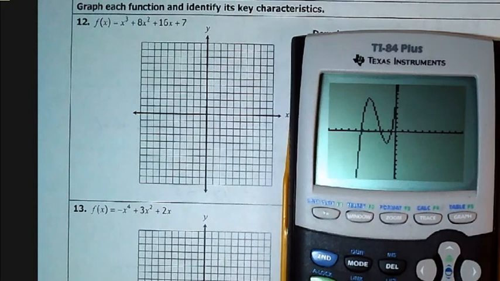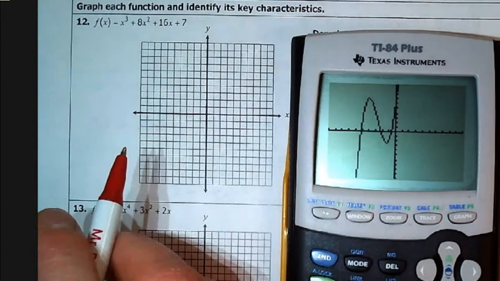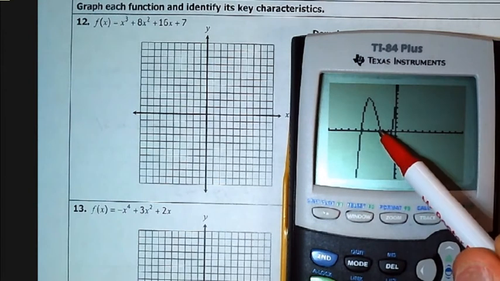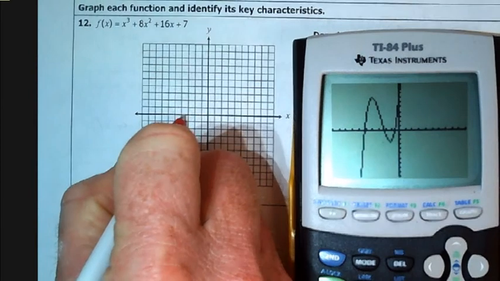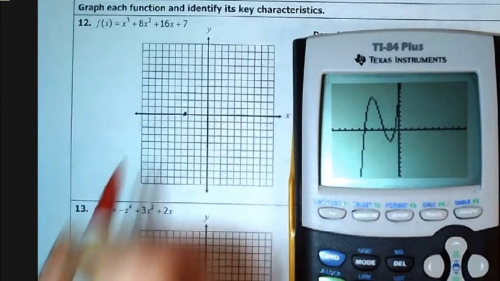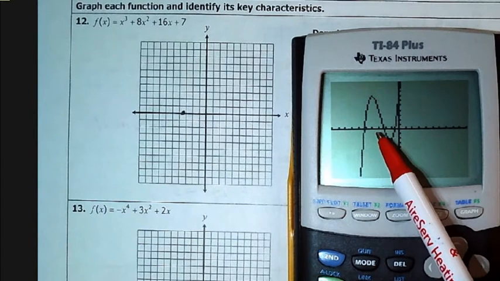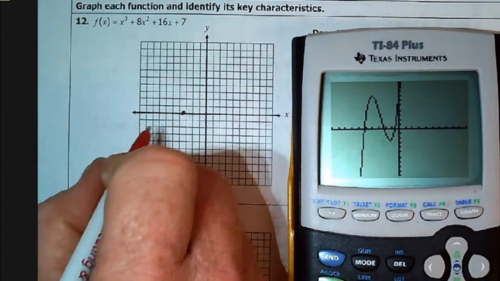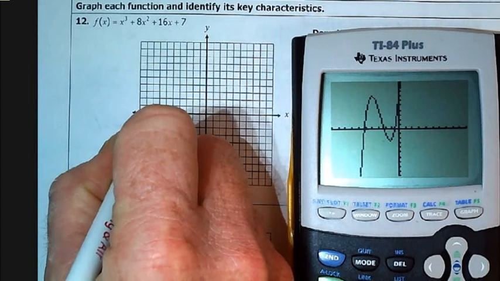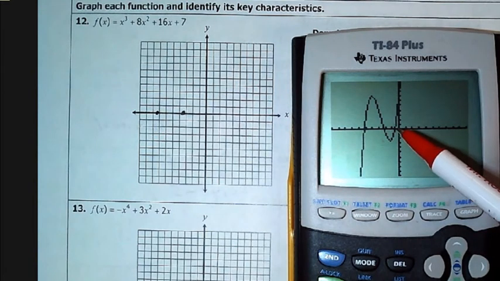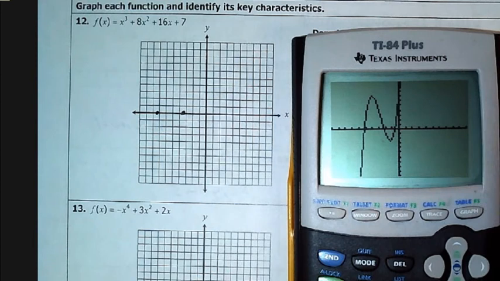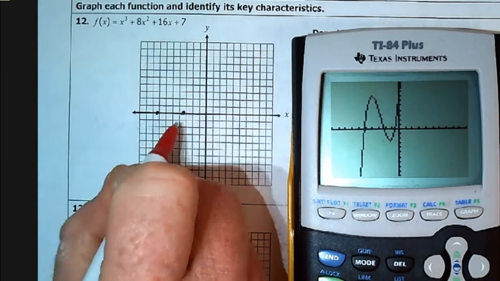So when I plot that, it looks like there's a point just to the left of 3. It appears there's another point just to the left of 6. I said 3 and 6. Negative 3 and negative 6.